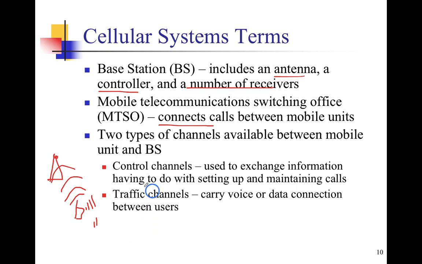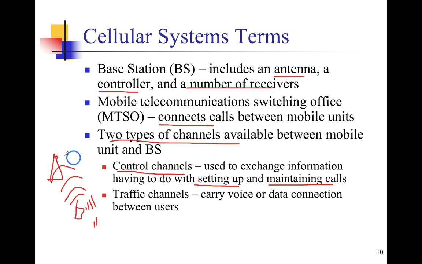So there are two types of channel available between mobile unit and base station. The first is called the control channel. The control channel is used to exchange information having to do with setting up and maintaining calls. For example, if I want to call somebody, the first thing I need to check is whether there is any coverage near my mobile phone. This depends on the signal.